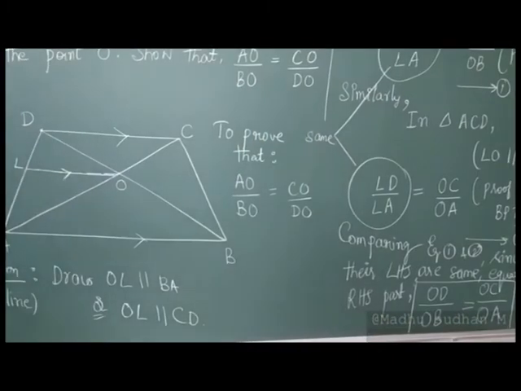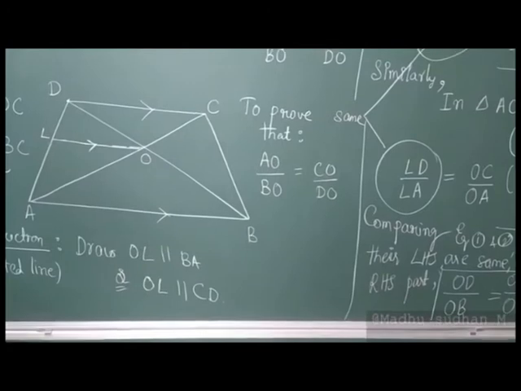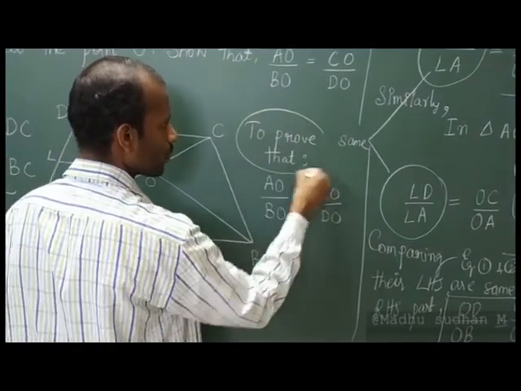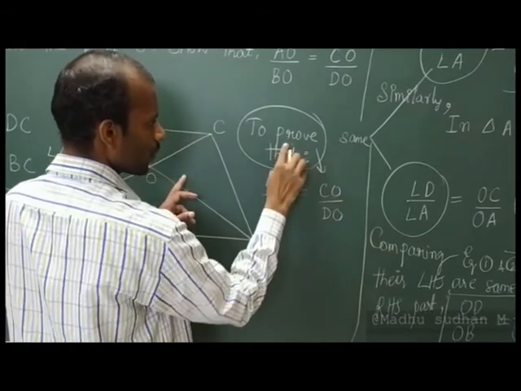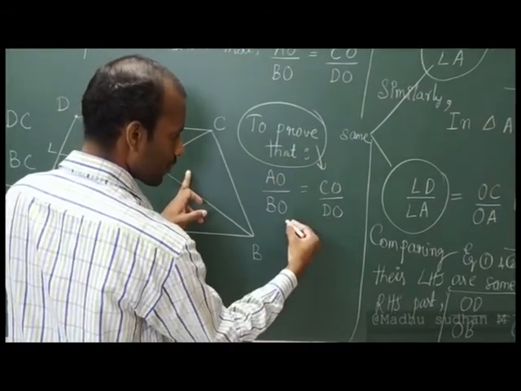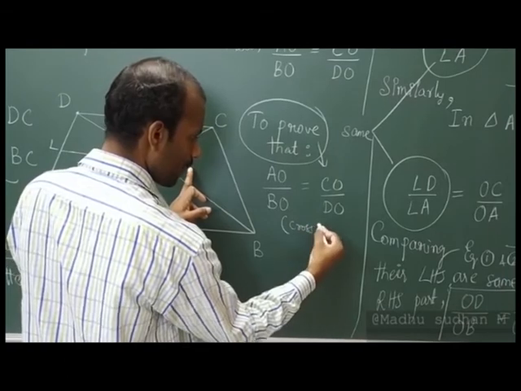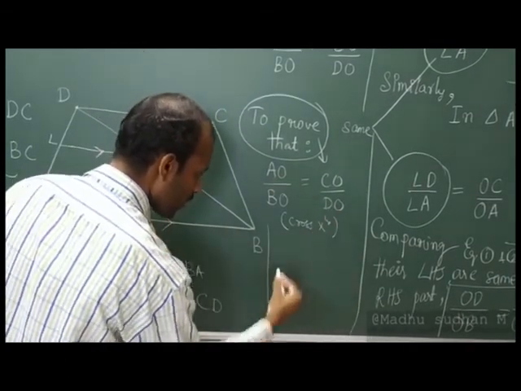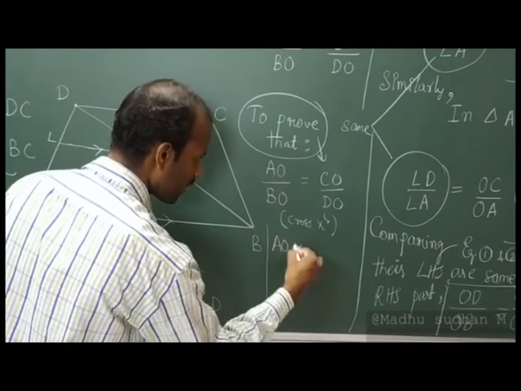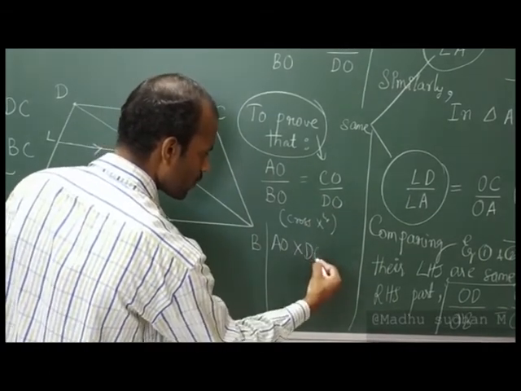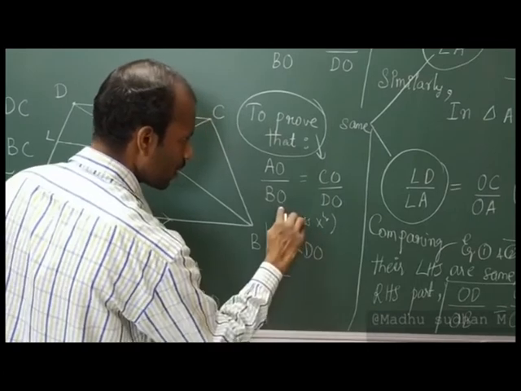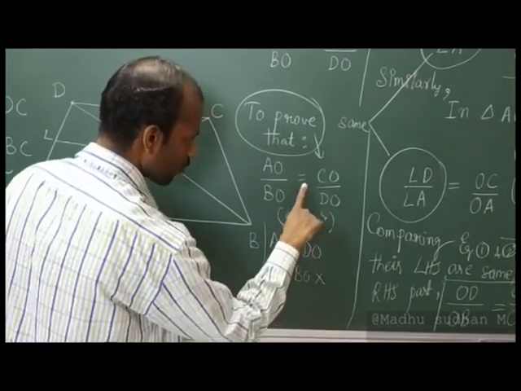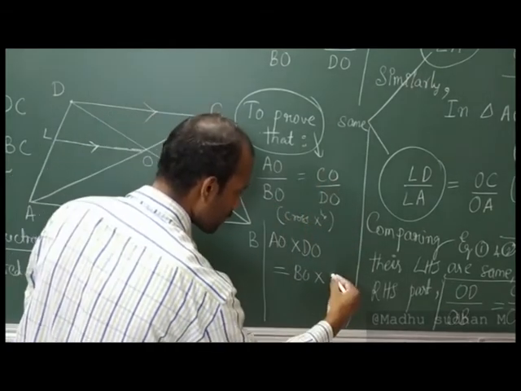So now let us cross multiply this given part. To prove that, if I cross multiply, I shall get AO multiplied with DO should be equal to BO multiplied with CO, right?